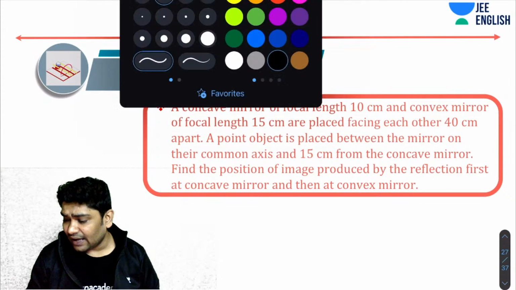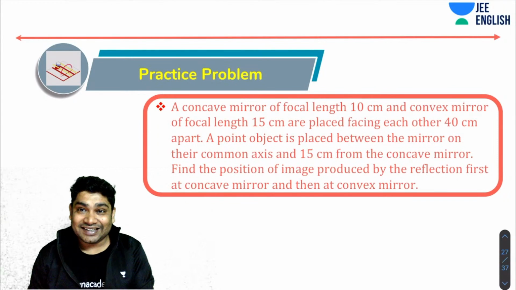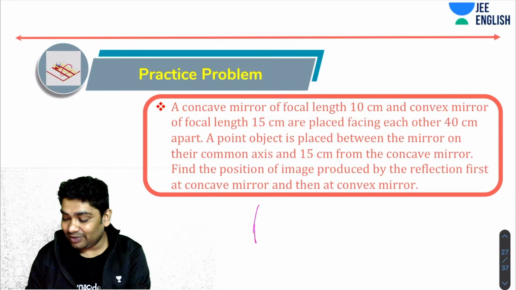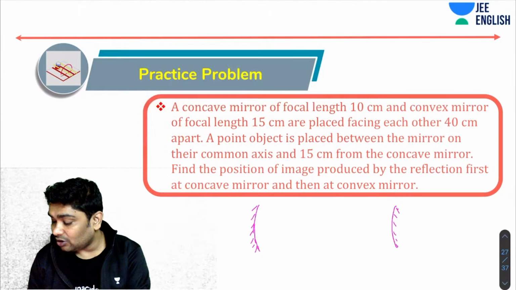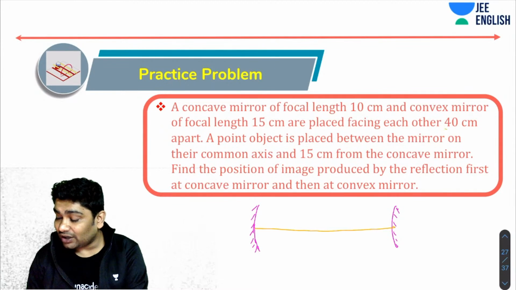So let's make a diagram also, just in case the situation is not clear. The concave mirror is there and it has a focal length of 10. So you have a concave mirror here and you have a convex mirror facing it. Now you can join the line, and this is the common principal axis. The distance between these two is 40.